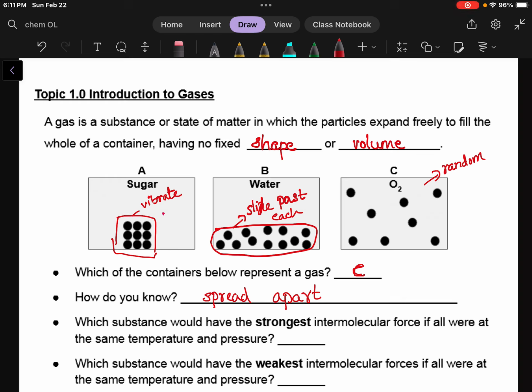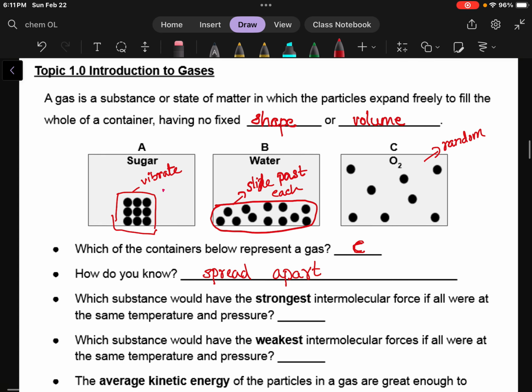Liquid molecules will touch each other. They will slide past each other. Solids are very closely packed. So we learned in Unit 2 the intermolecular attractive force. That is attraction between two atoms or two molecules or two compounds.